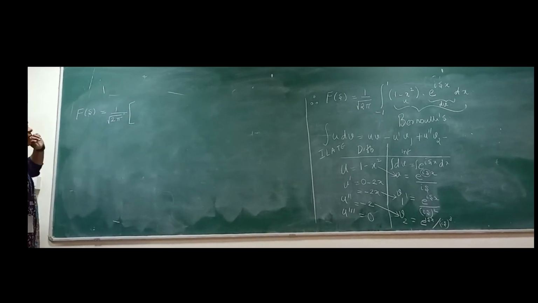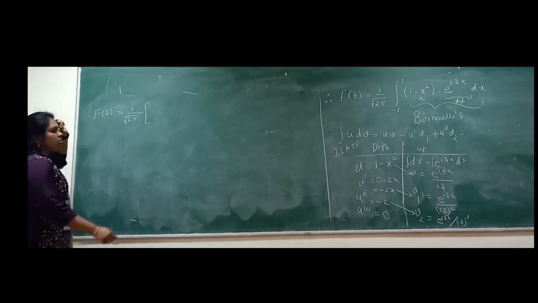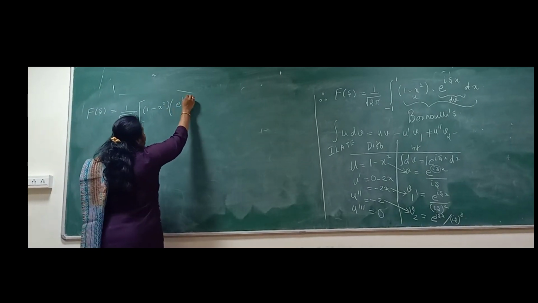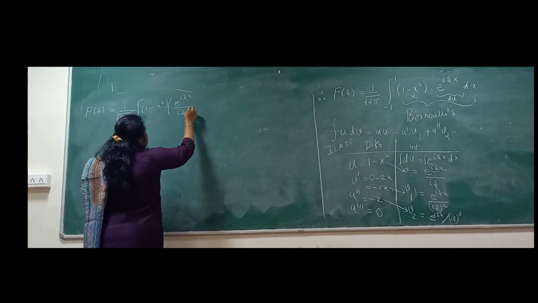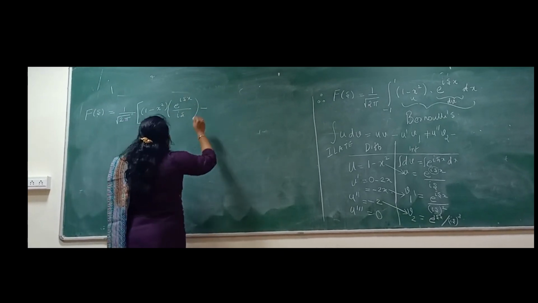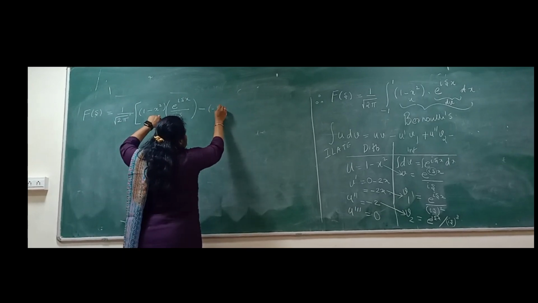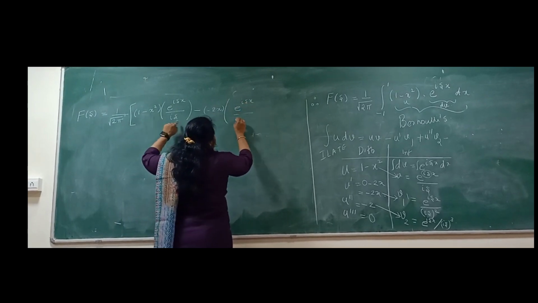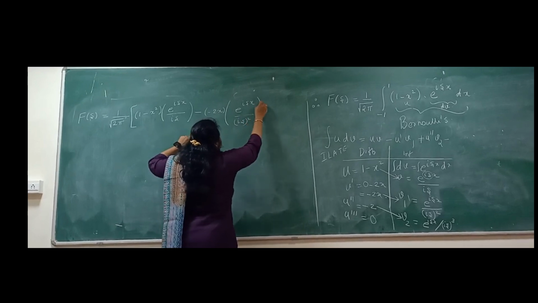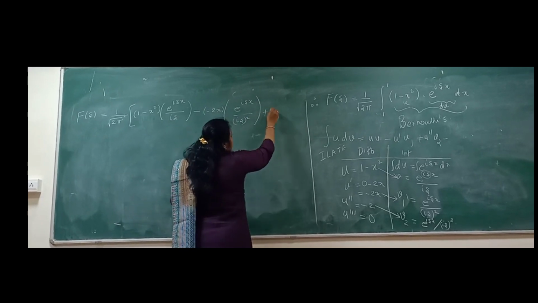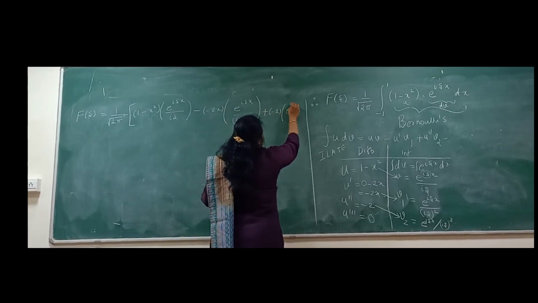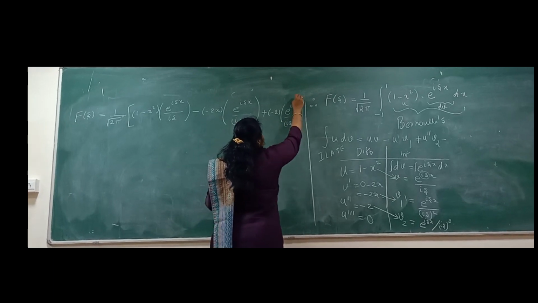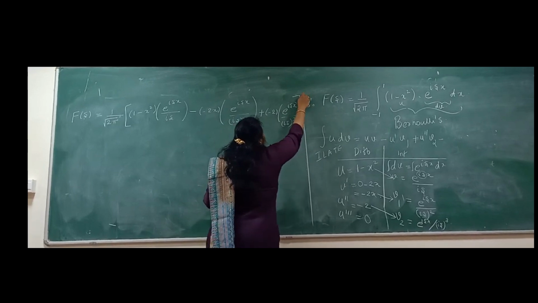Because that is in the formula, u into v: 1 minus x square into e to the power i s x divided by i s, minus u dash, which is minus 2x into e to the power i s x divided by i s the whole square, plus minus 2 into e to the power i s x divided by i s the whole cube, where the limit is from minus 1 to plus 1.